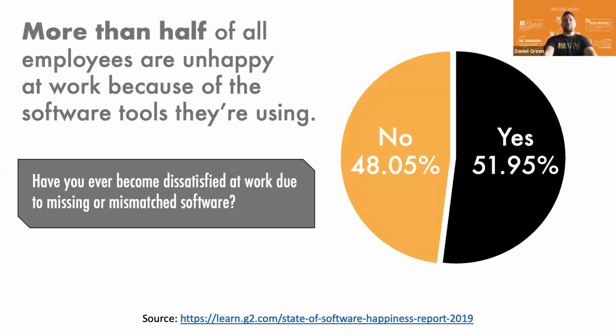So it just proves that being provided the right tools to perform the job plays into our level of job satisfaction. When the right tools are not in place, our level of efficiency and effectiveness decreases. This is just one factor that can contribute towards our unhappiness in our role.